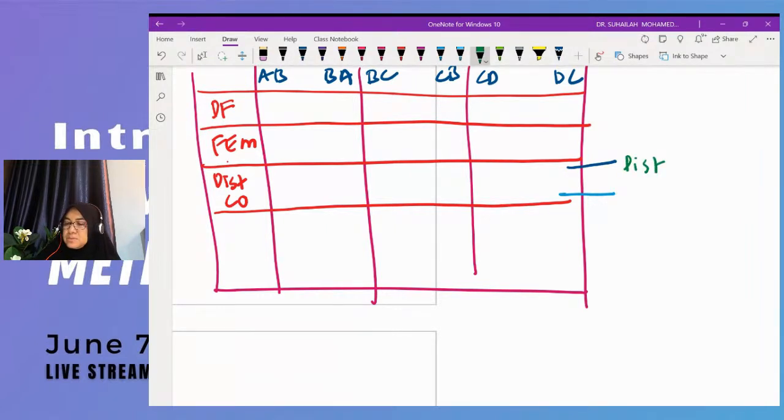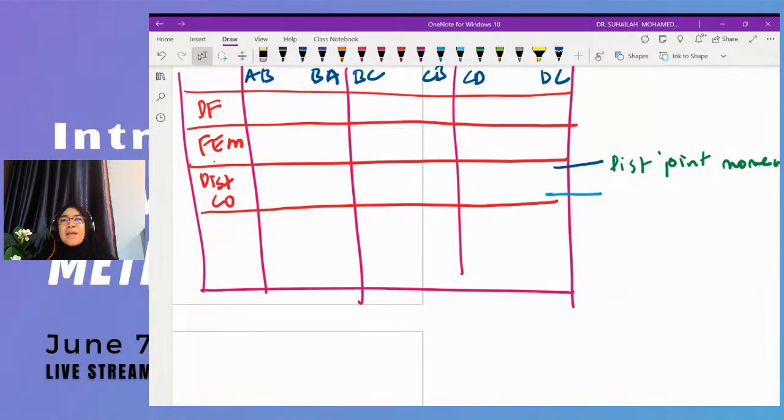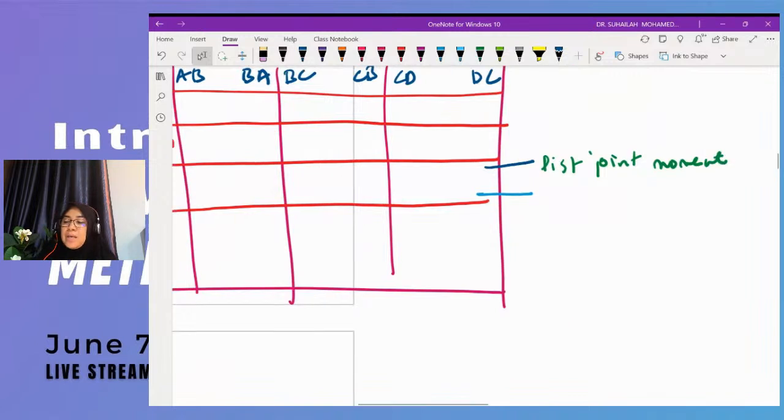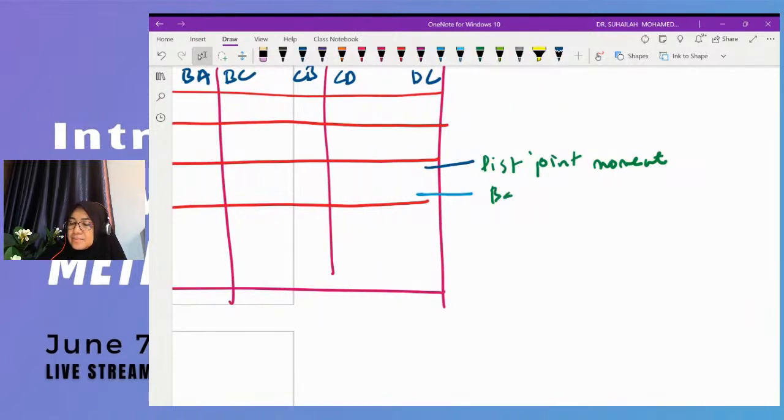And at the carryover row, we have to balance the moment, do balancing. We have to distribute joint moment and we have to do balancing.